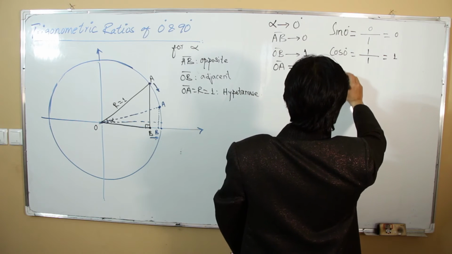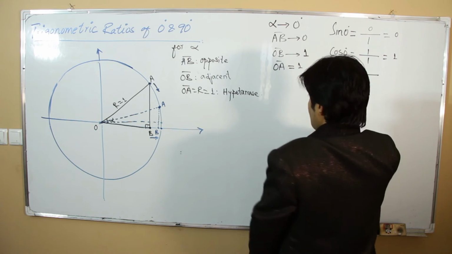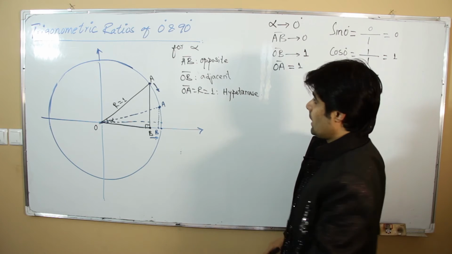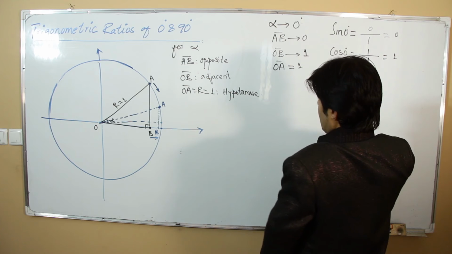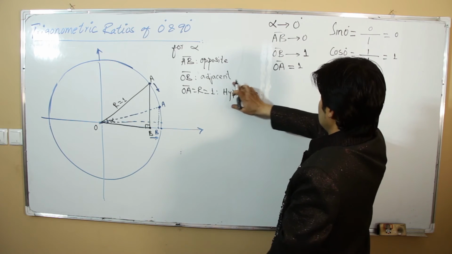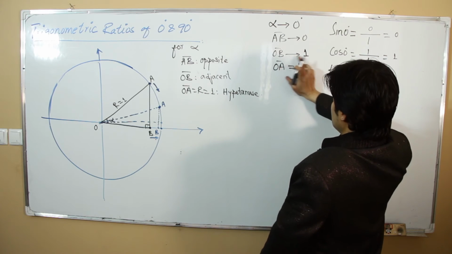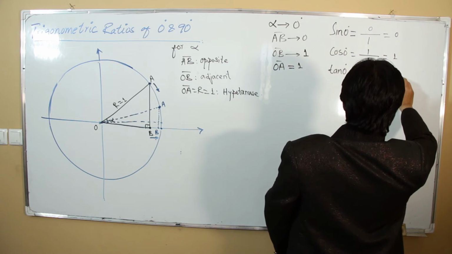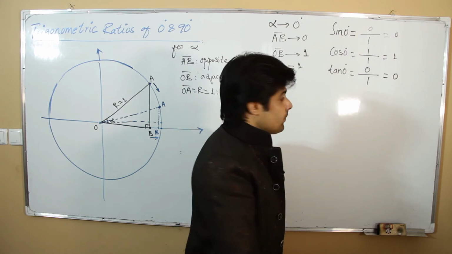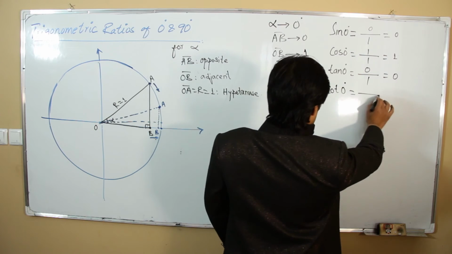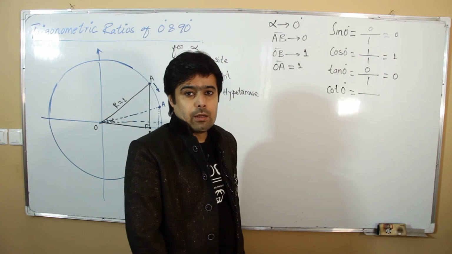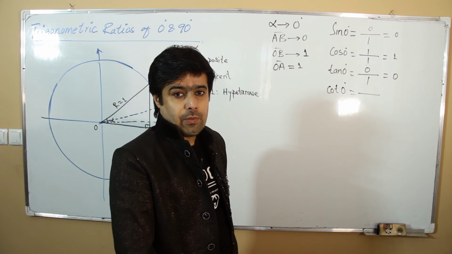Tangent of 0. Opposite divided by adjacent. Opposite AB, which is 0, by adjacent. Adjacent, which is OB, and this one is 1. 0 divided by 1 is 0. Cotangent of 0 is adjacent divided by opposite.